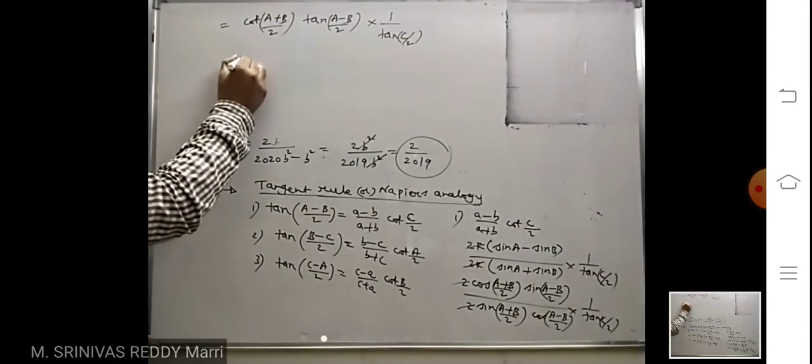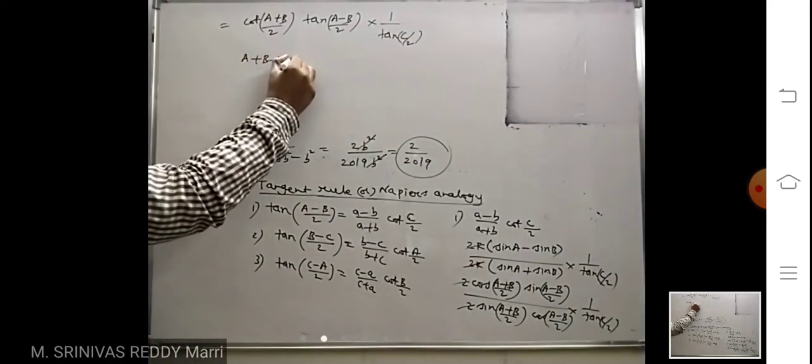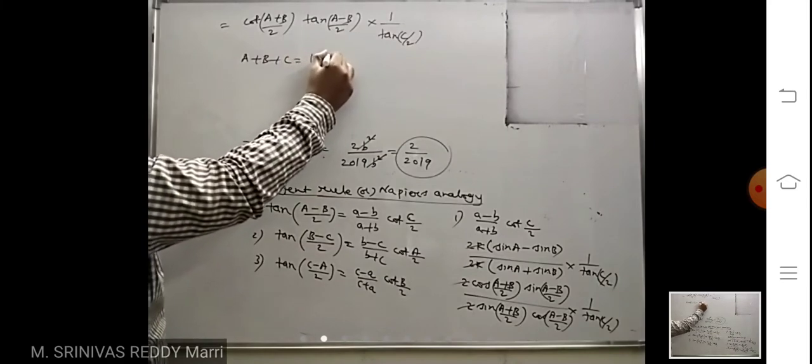Now look, in triangle ABC, A plus B plus C is always 180 degree.